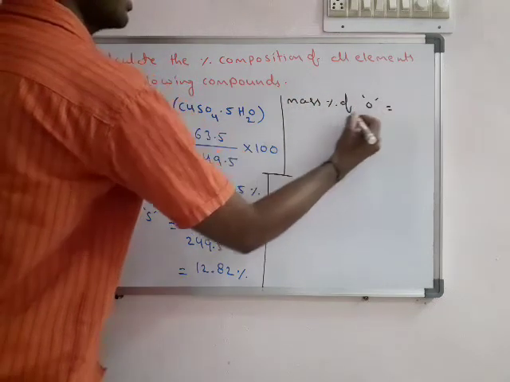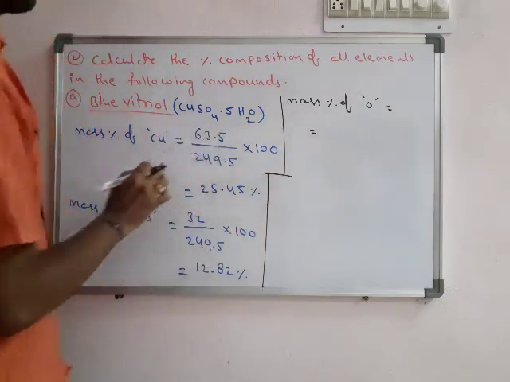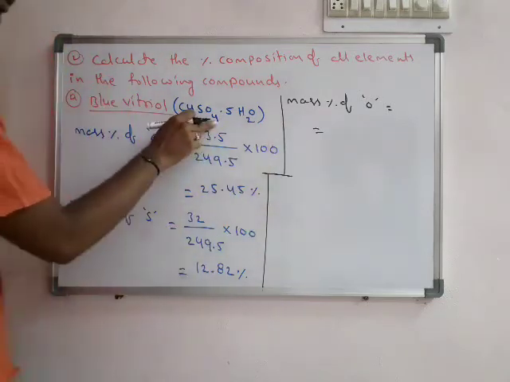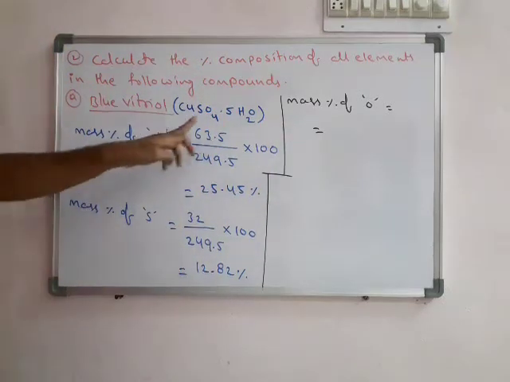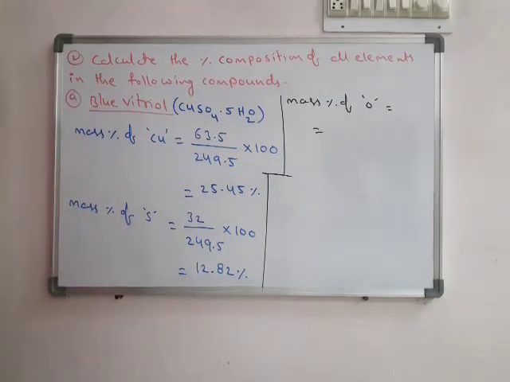Mass percentage of oxygen equals the mass of oxygen. Here how many oxygens are present totally? Here 4 oxygens, here 64. Again 5 oxygens, so total 9 oxygens are there. So what is the total mass?